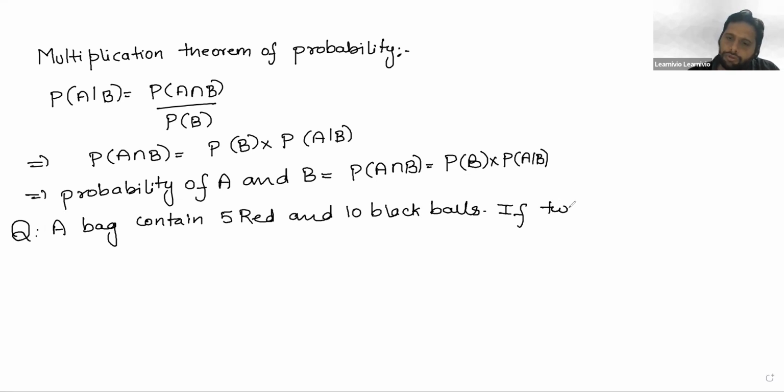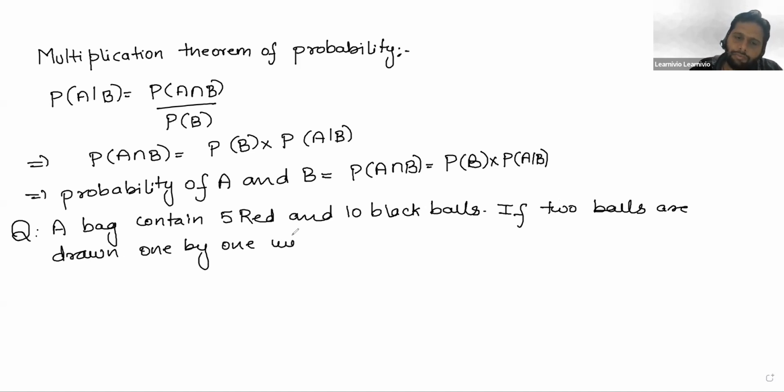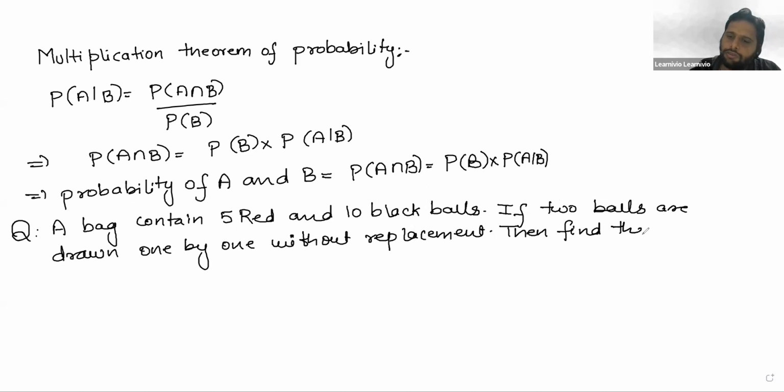If two balls are drawn one by one without replacement, then find the probability that the first ball is red and the second is black.